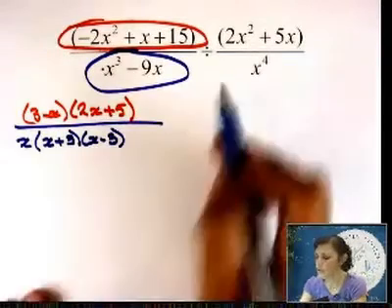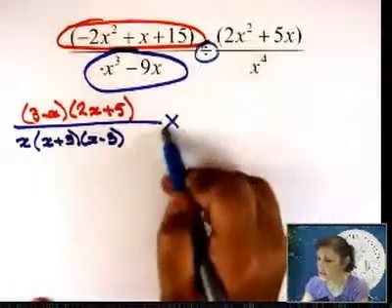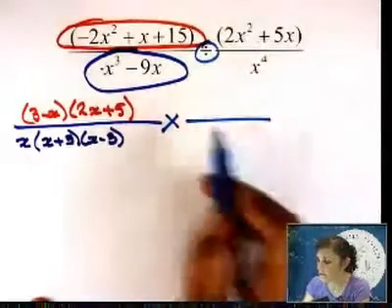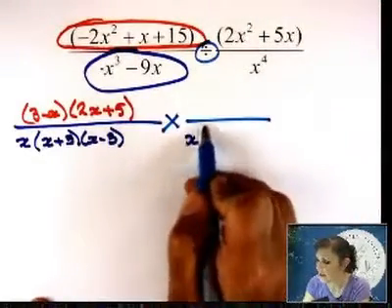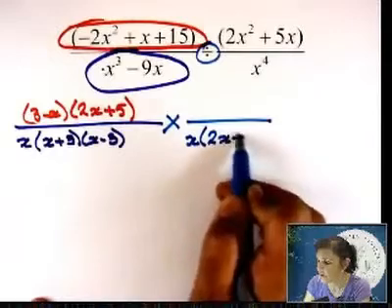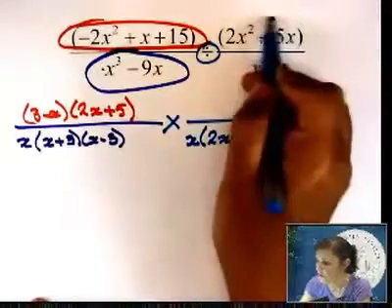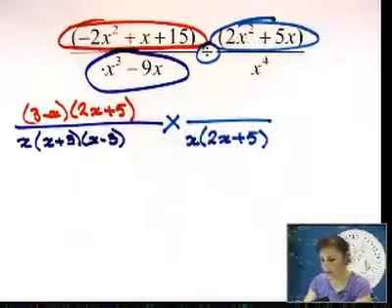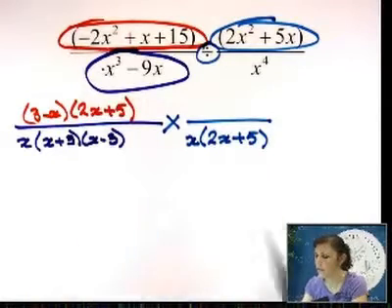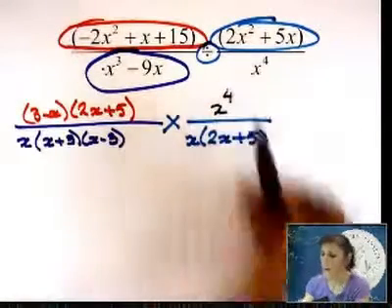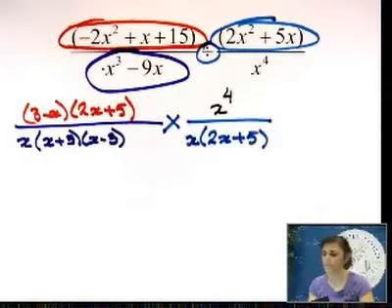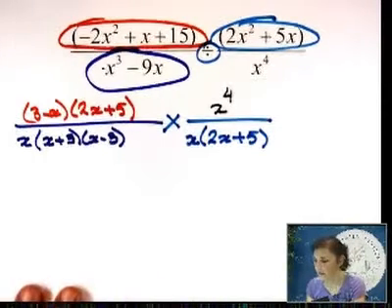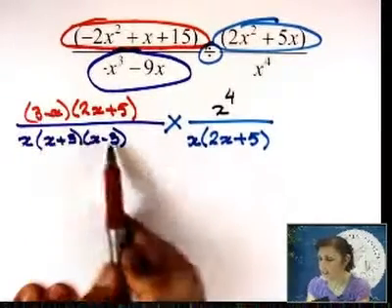Then I'm going to change this into multiplication. This goes at the bottom, so you're going to go x, 2x plus 5. That's this one. And your very last one is x to the fourth. And let's see what I can cross out. Now, 3 minus x, x minus 3.